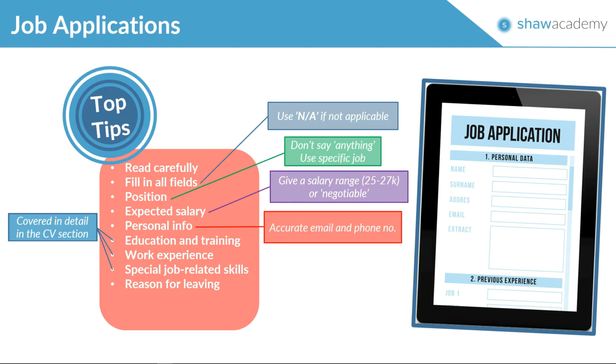Even if your boss was an idiot, you should never be negative. Always try and give an answer like conflicting hours, a better opportunity for advancement, or a lack of work. Try and give a reason that is positive.